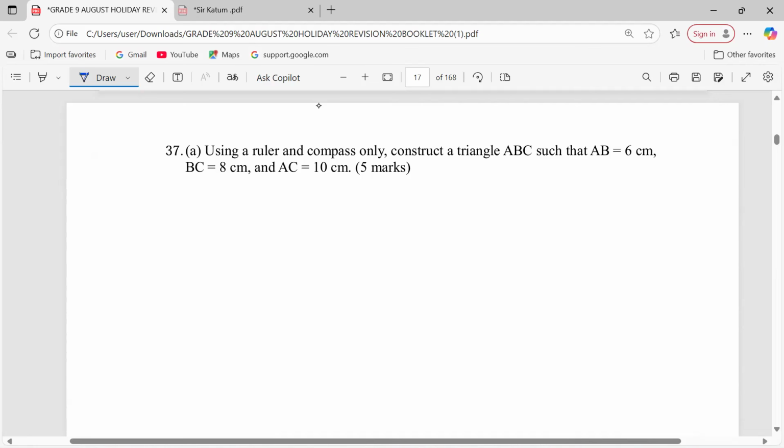So you stand at B, with a radius of 8 centimeters, you make an arc. Then standing at A, you use 10 centimeters to identify C, like that. That becomes our point C. Then you can join it to A and also to B to have your triangle complete.